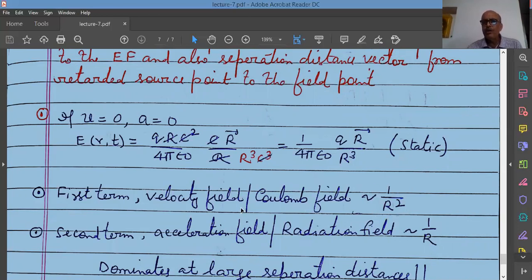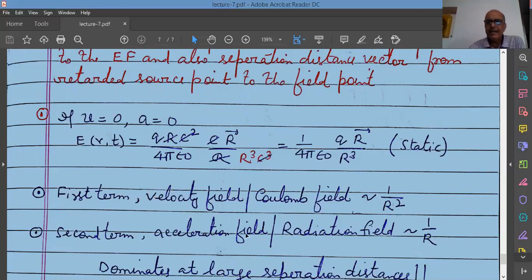So if you find out the r dependence, we will call the two terms the velocity field and the acceleration field, because the first term is dictated by the velocity of the particle, while the second term is dictated by the acceleration of the particle. So the first term depends upon the velocity and it depends upon the distance as 1 over r square.